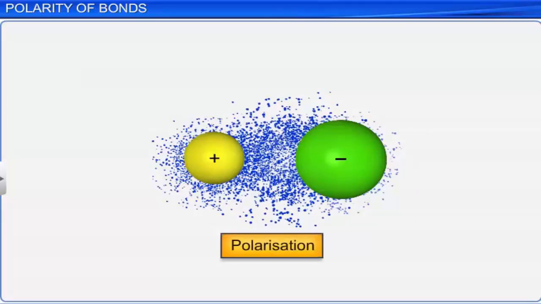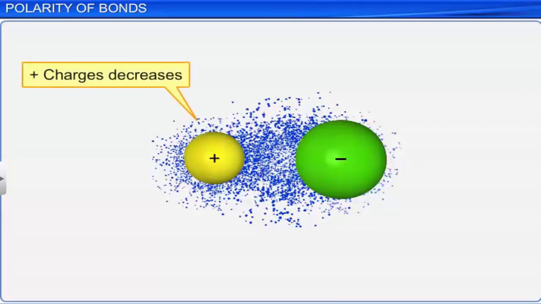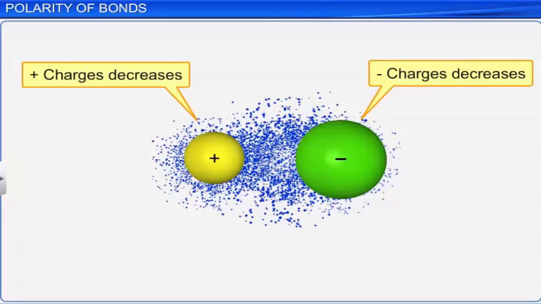The tendency of the anion to get polarized by the cation is called polarizability. As a result of polarization and polarizability, the positive and negative charges decrease on the cation and anion.